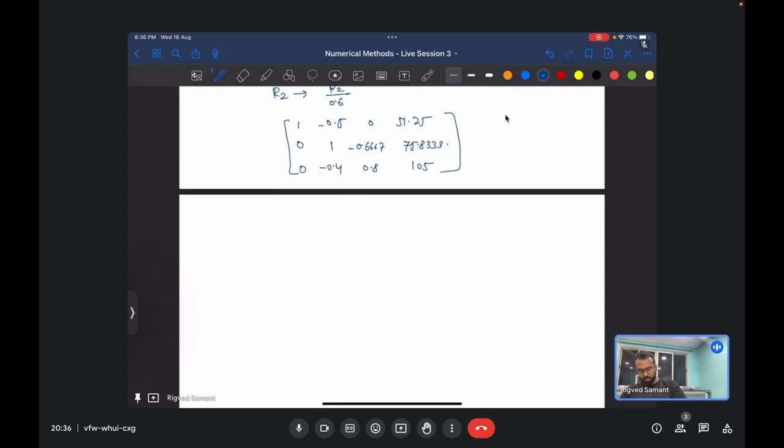Using this one, you will make a 0 here. So R3 would be R3 plus 0.4 R2.